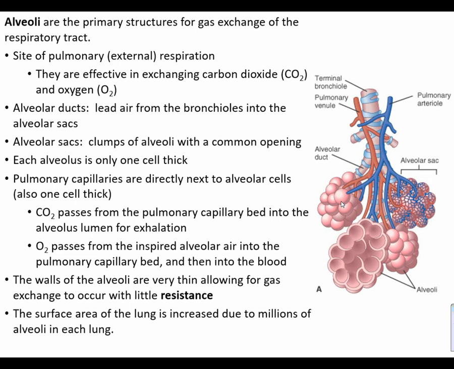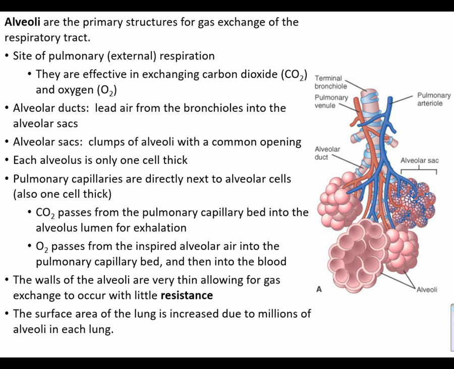Alveoli are also only one cell thick with a basement membrane surrounding it. So there's very, very little resistance to gas exchange in a normal, healthy lung. We call those 4 layers of tissue, the 2 layers associated with the alveoli and the 2 layers associated with the capillaries, the respiratory membrane. And we'll see that more here on the next slide.